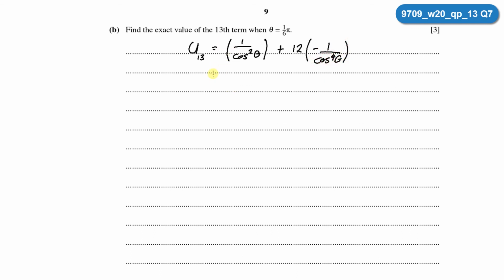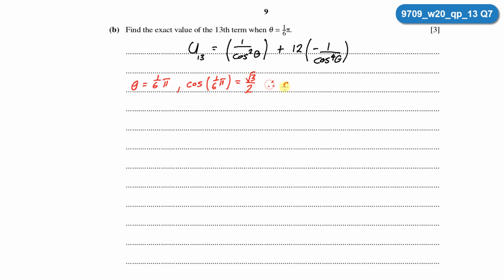So let's simplify this. But now we've been given that theta is equal to a 6th pi. And we know that when theta has a value of a 6th pi, then cos of a 6th pi gives us root 3 over 2.